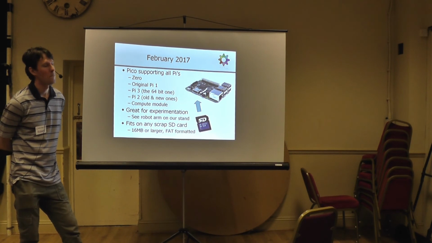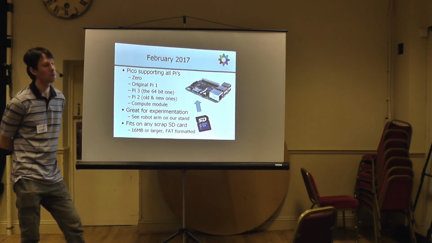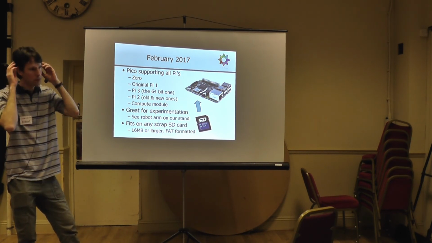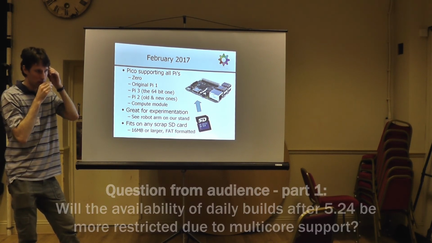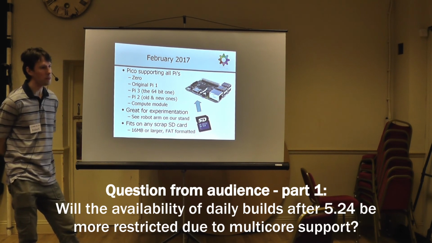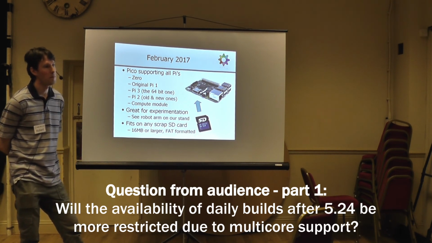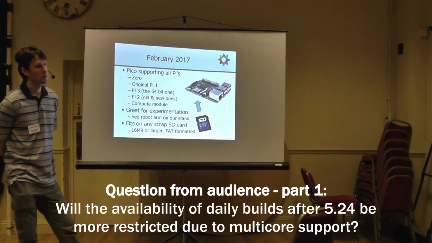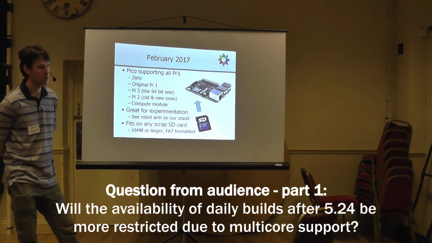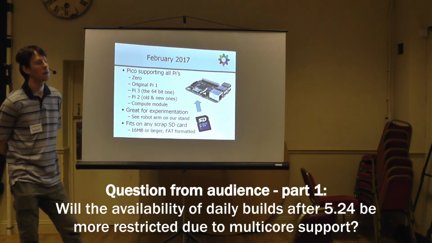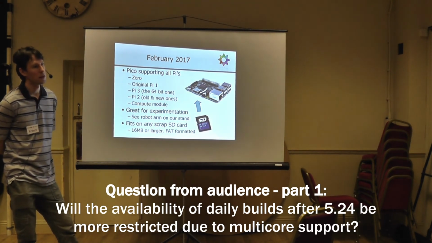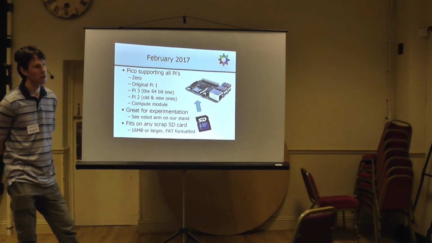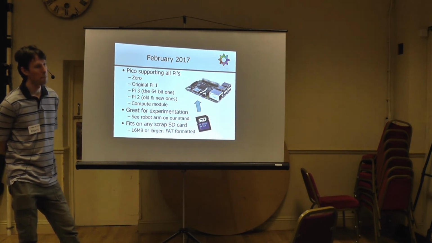I think Jeffrey is sort of saying there's not any problem in multi-core supporting. But there's been some discussion about the access to that going forward after 5.2. For the moment the daily builds include zero pain, but that may be more restricted because of the nature of the change. What are the thoughts or rules on that?